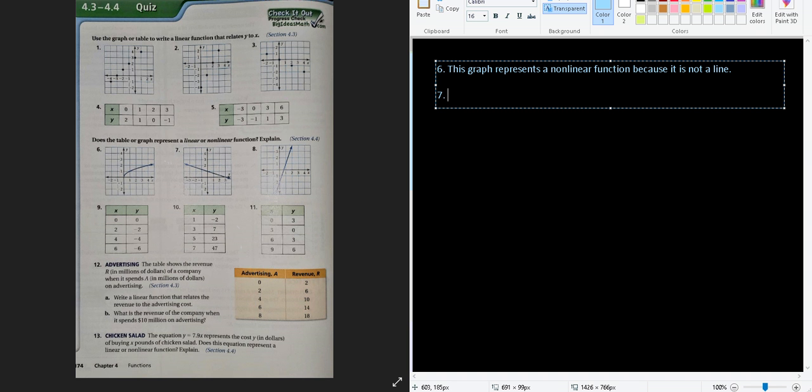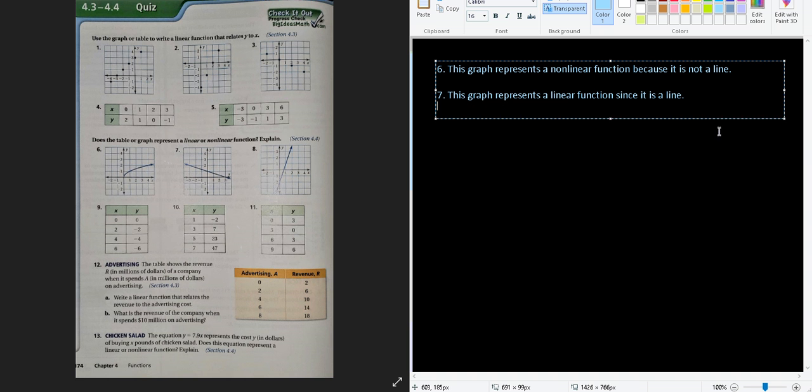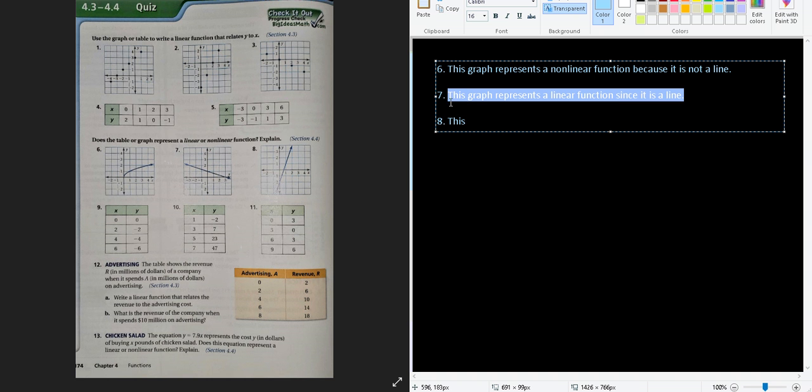Number 7, I'm going to say this graph represents a linear function, since it is a line. Number 8, I might as well just copy number 7. It's the same explanation. This graph represents a linear function since it is a line.